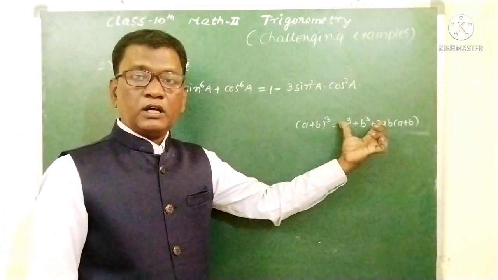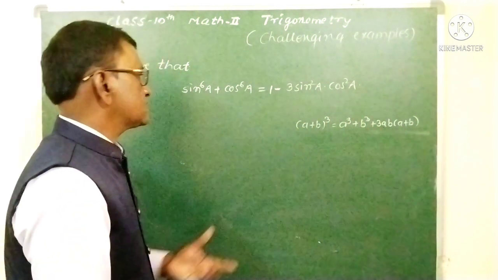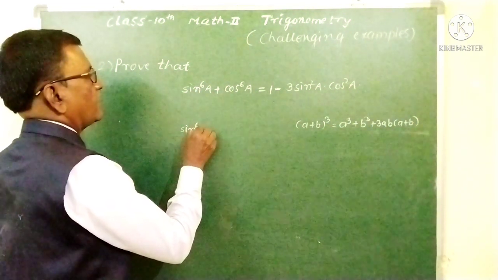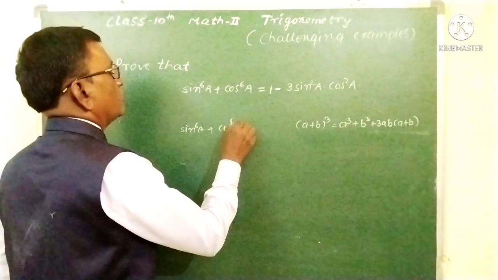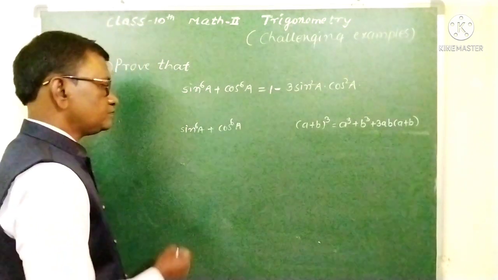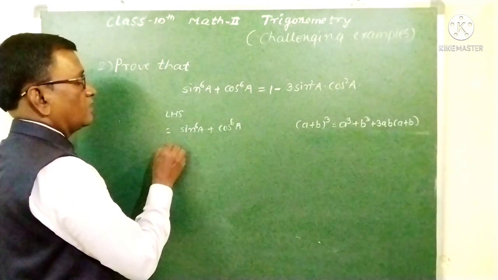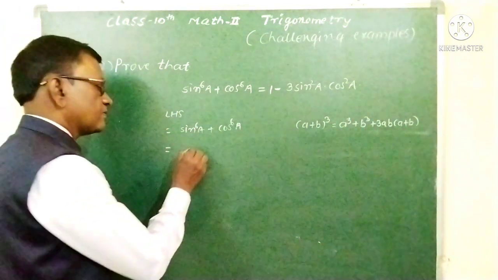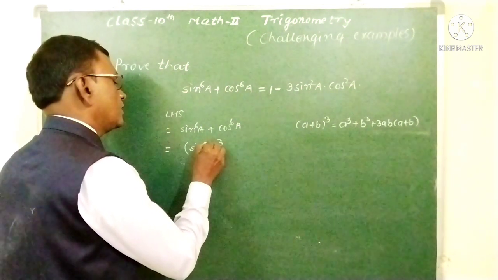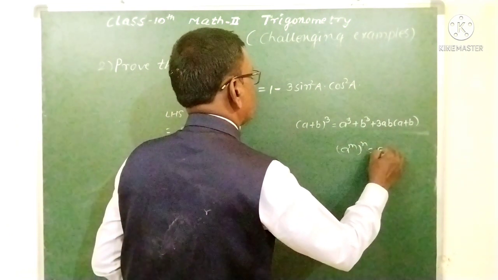But you have to do some steps. Our example is in the form of sin 6a plus cos 6a. You have to convert it in the form of a cube and b cube. How will you convert? We write sin 6 as sin square a whole cube. We know the rule of indices: a to the power m to the power n means a to the power mn.